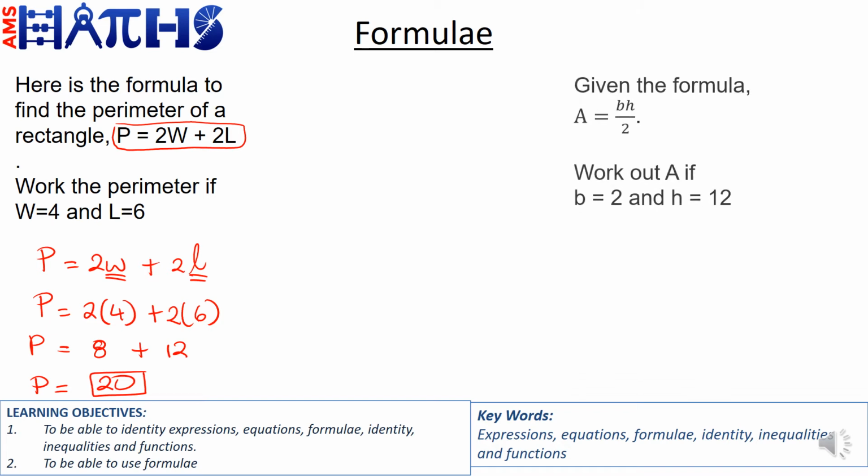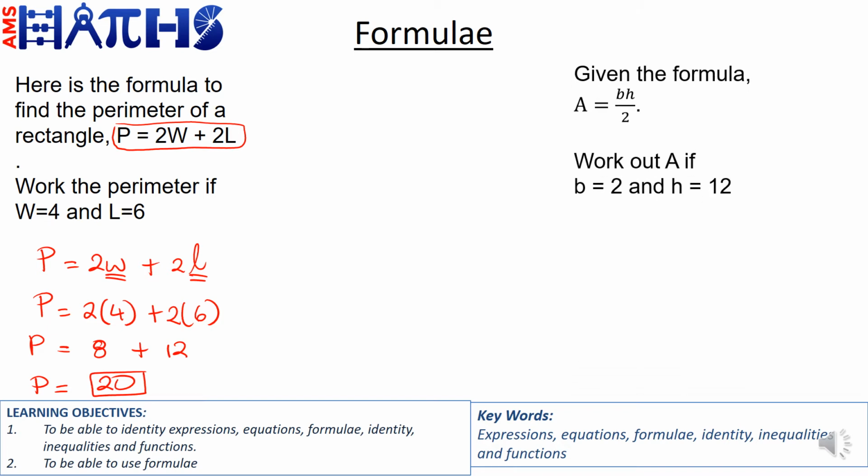Let's look at another example. It says given the formula A is equal to B times H divided by 2, and this is the formula for the area of a triangle, work out A if B is 2 and H is 12. So we'll write the formula down below, and then we can substitute.